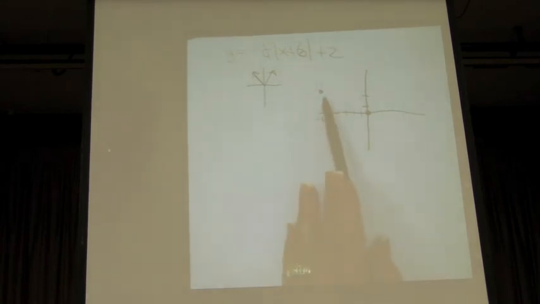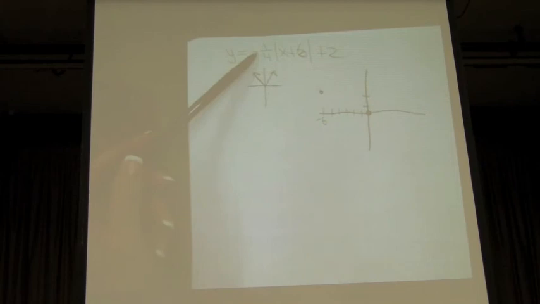Yes? All right. What does the negative mean? A reflection. It basically means the V's going down. This is the easiest one to graph because the 1/4 is essentially a slope.